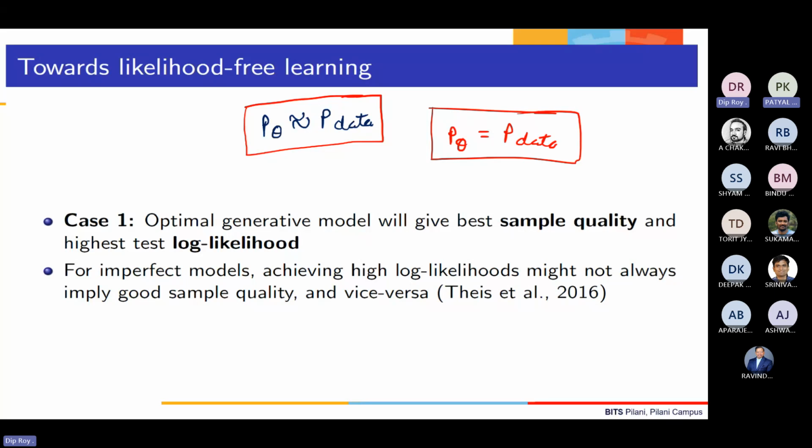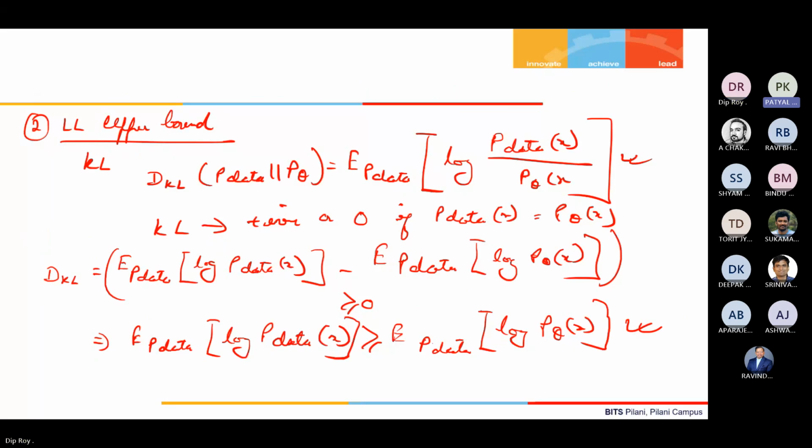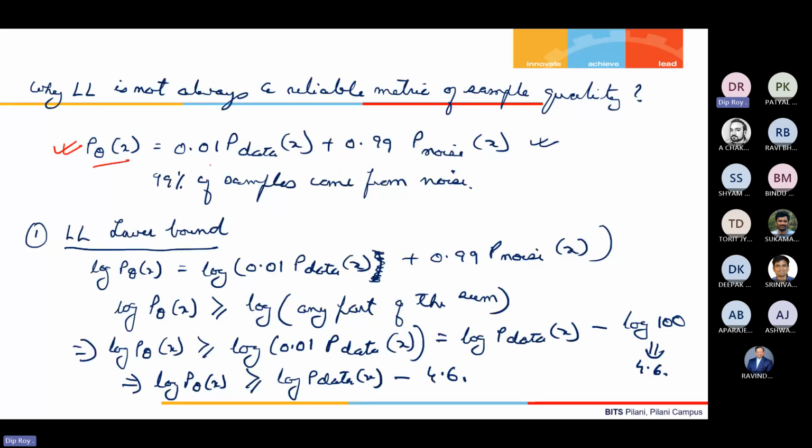Okay. If they are an approximation, then this particular thing is true. So now we have a model where our model generates 1% of data by sampling from the true data, and 99% from the noise. So 99% of samples come from noise.